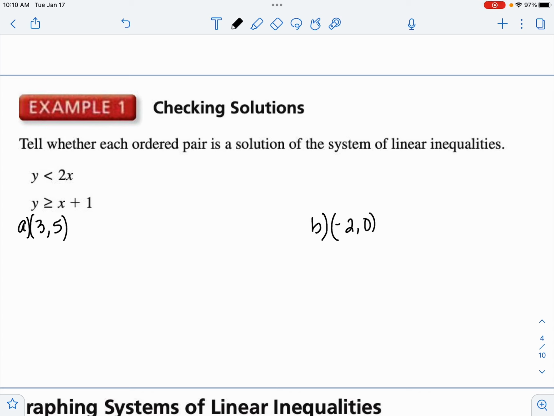We'll start with 3, 5. So go ahead and pause the video, plug in, and see if your answers match mine. And do the same thing for B, actually, because this is pretty straightforward.